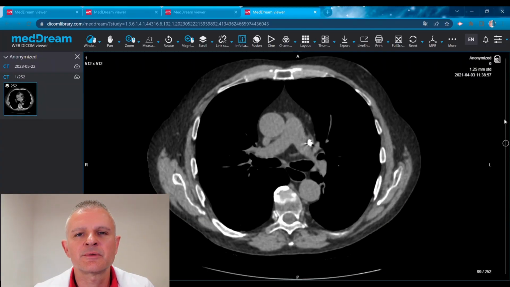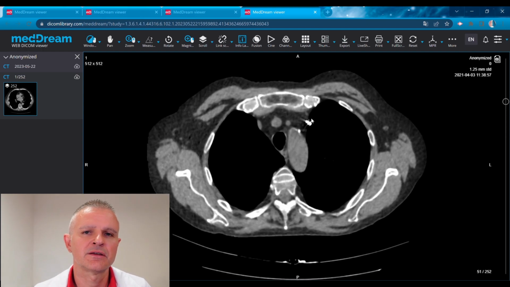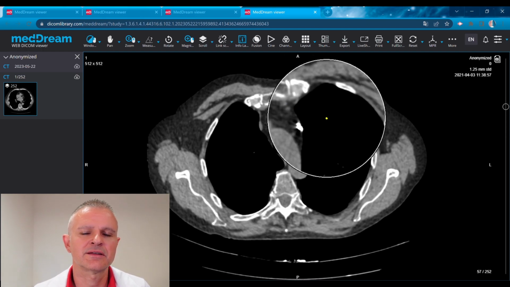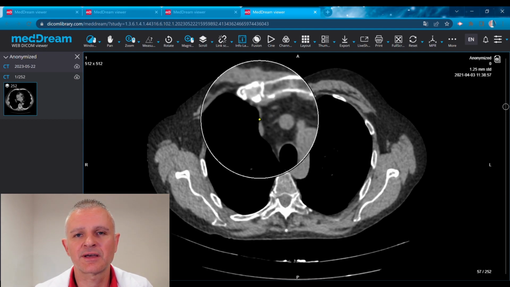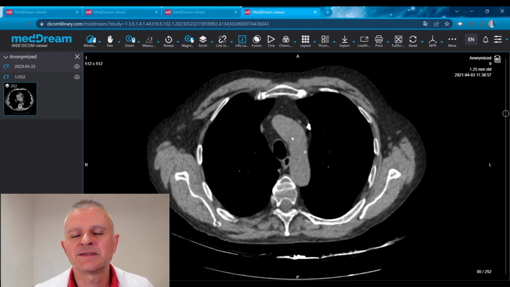Sometimes the left superior vena cava terminates in the left atrium, resulting in a right to left shunt. And sometimes there's also a bridging vein between the right and the left superior vena cava. But in this case, there is no bridging innominate vein.